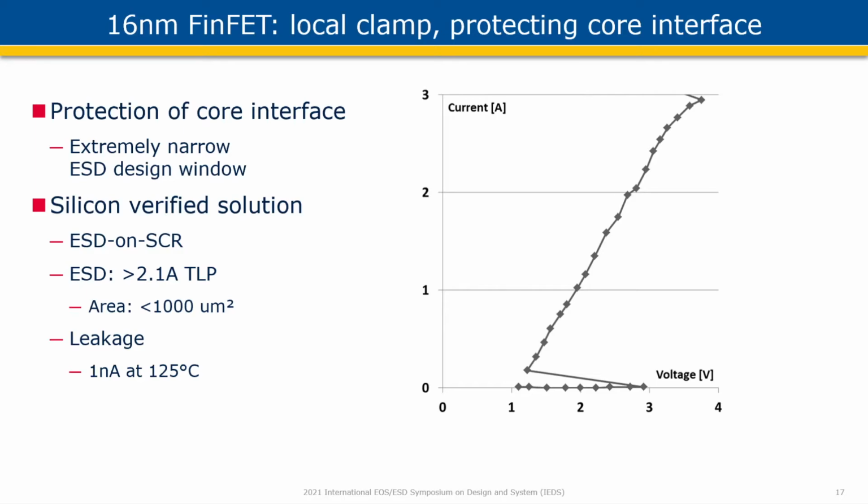Despite the very narrow ESD design window, we achieve more than 2.1 amperes of TLP. Because SCRs support a lot of ESD current with minimal junction area, the area and leakage are both small.